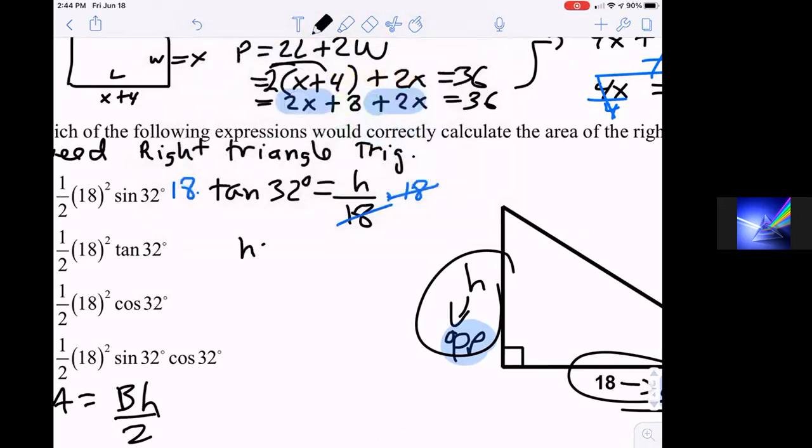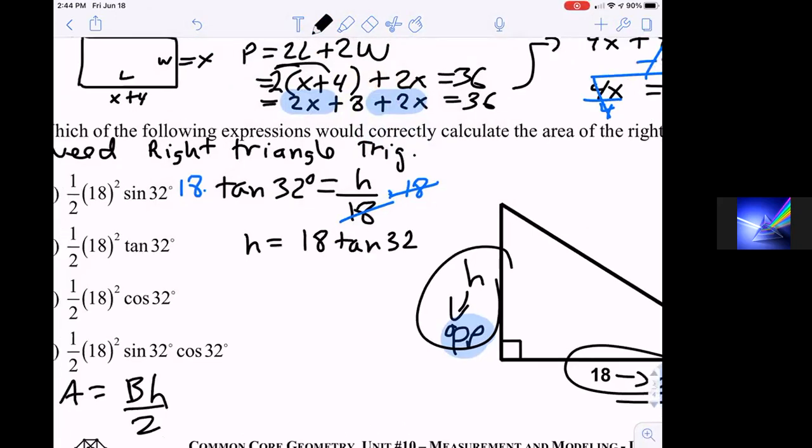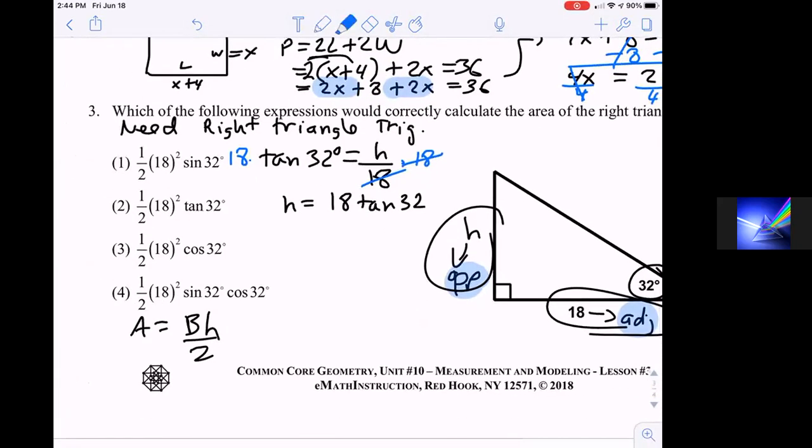And the height is 18 times the tangent of 32. Now, if we substitute that in place of h, here's what we get. The area of the base is 1/2 times the base itself, which is already 18, times the height, which is 18 times the tangent of 32 degrees.